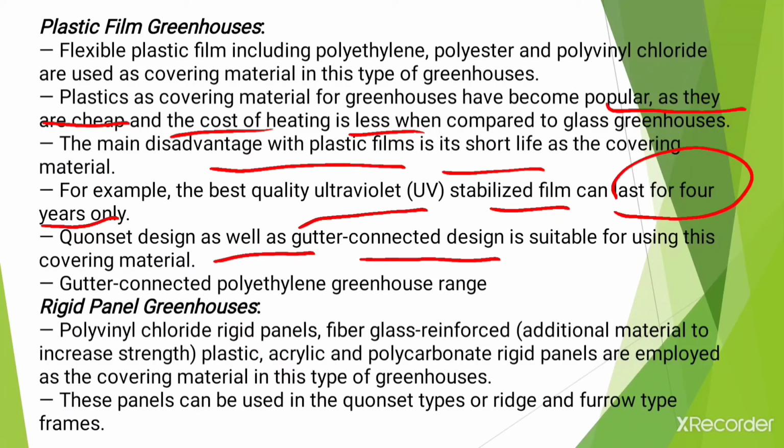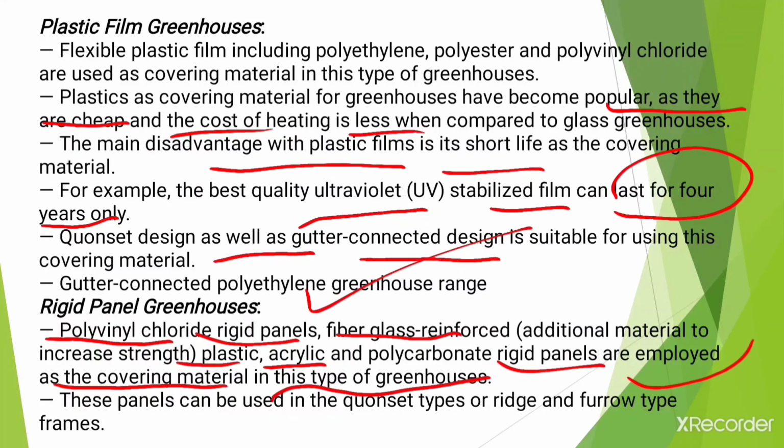The next type is rigid panel greenhouses. In rigid panel greenhouses, polyvinyl chloride rigid panels, fiberglass reinforced plastic, acrylic and polycarbonate rigid panels are employed as the covering material. These panels can be used in quonset types or ridge and furrow type frames.